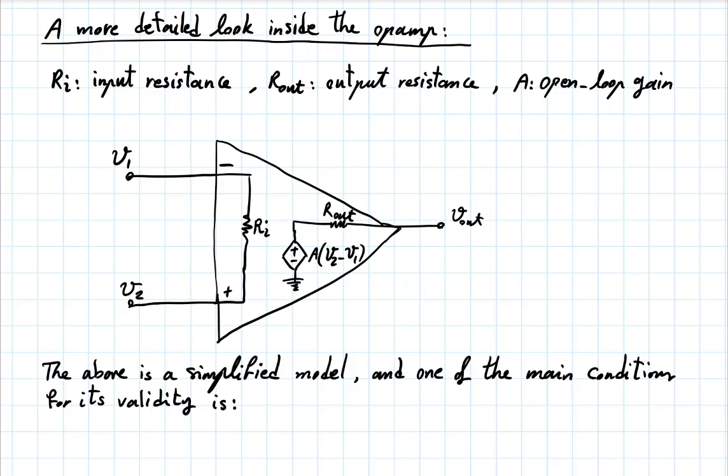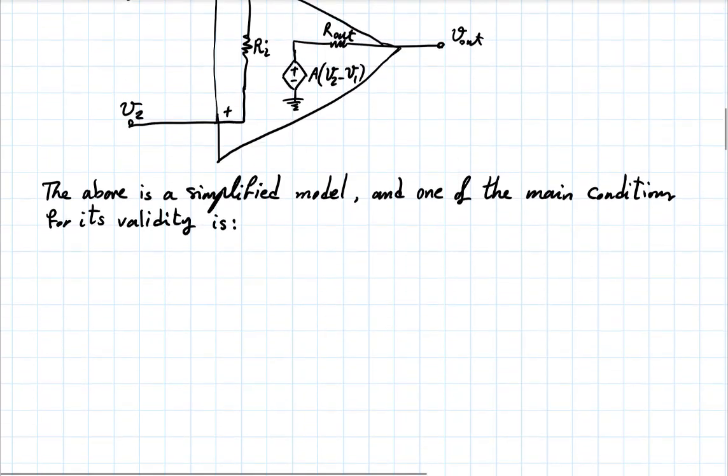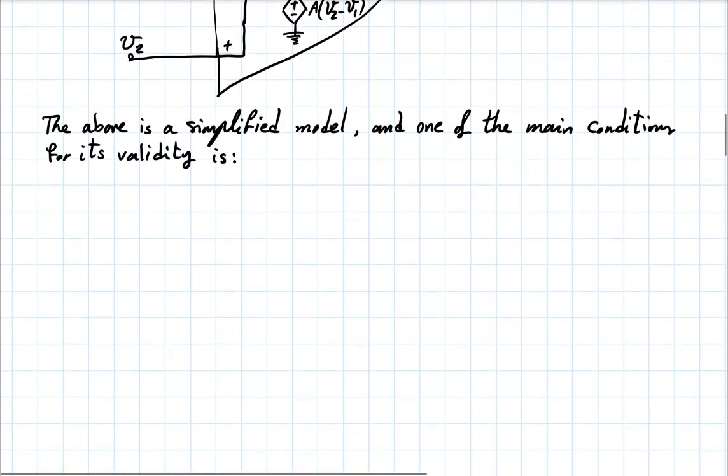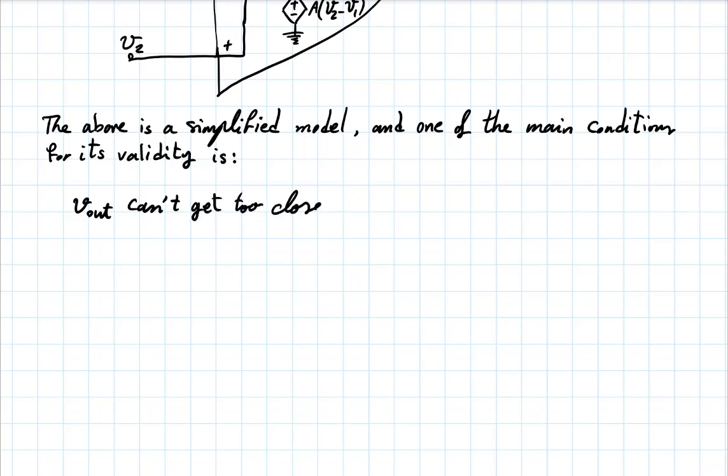that, at least for our purposes, is applicable if it's within this range of validity, which is: Vout can't get too close to the supply voltages.